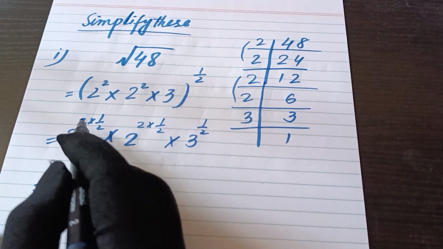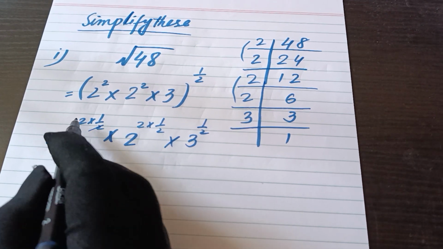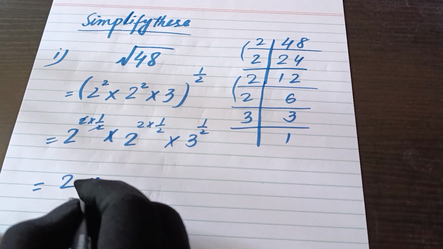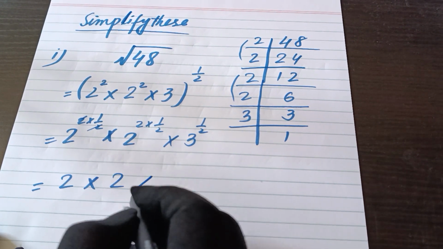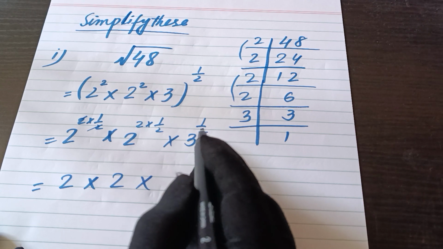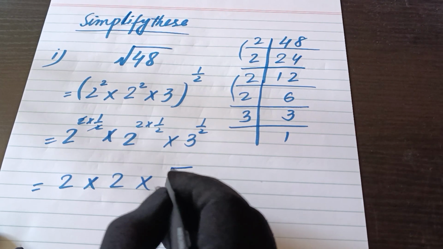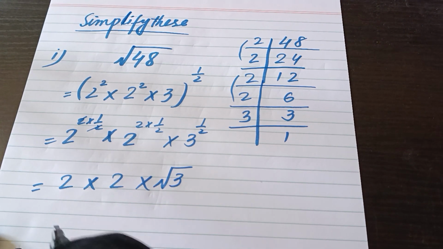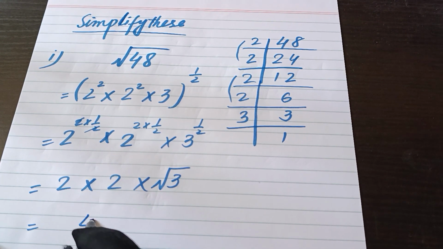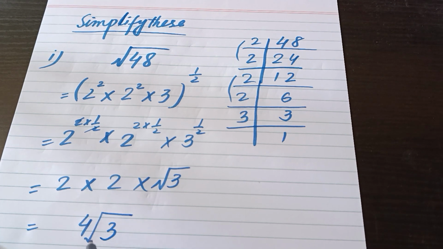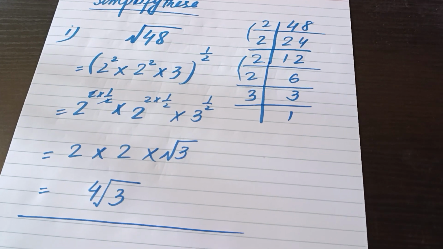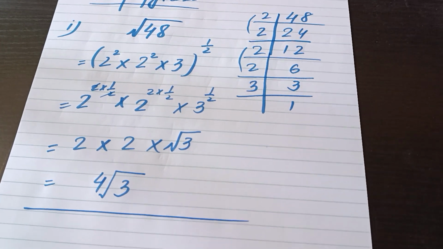The square root cancels the square, so 2. This will also be cancelled, so 2, and 3 is not with any power so it remains as it is under the square root. So 2 times 2 is 4, times square root of 3. It cannot be solved further.